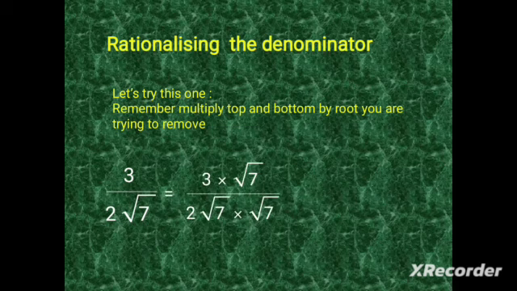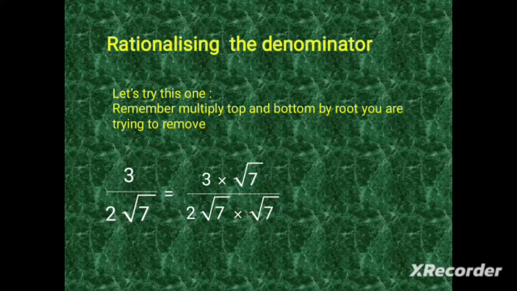We do the same because we are multiplying the numerator and denominator by the root we are trying to remove in this particular case.